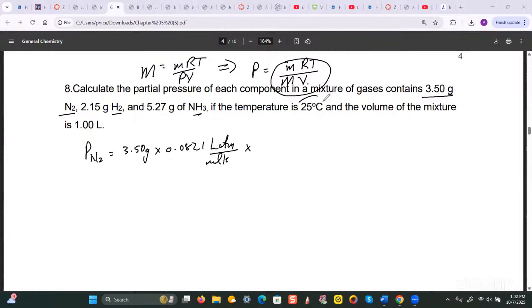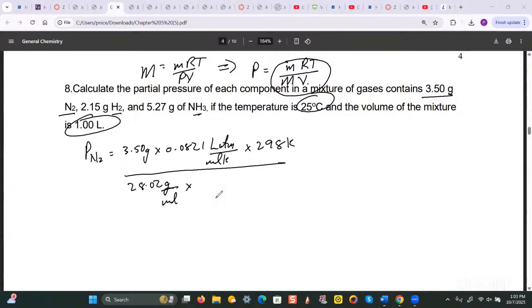What's the temperature? 25 degrees Celsius, which is 298 Kelvin, right? And then I will divide that by the molar mass. For nitrogen, 14.01 times 2, so that would be 28.02 grams per mole. And then I multiply that by the volume, which is 1 liter, because all the gases are in the same container. That means the volume would be the same for all the gases, right? So that's 1 liter. So that's the setup.